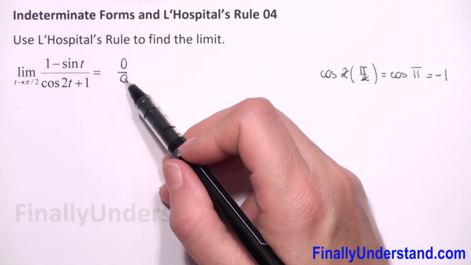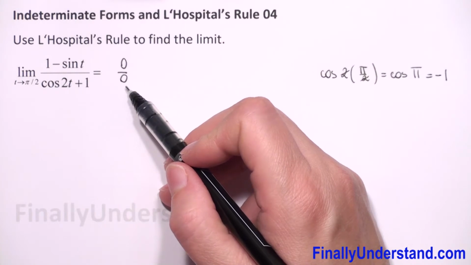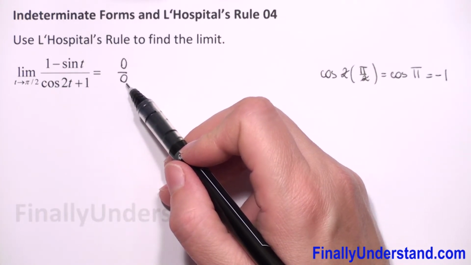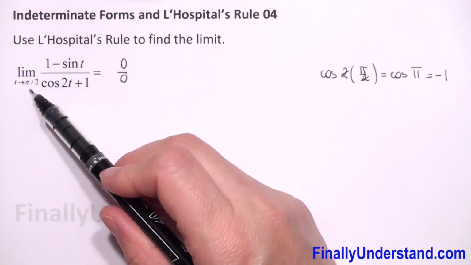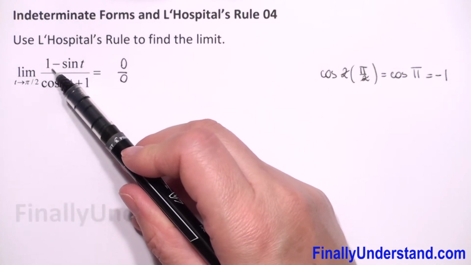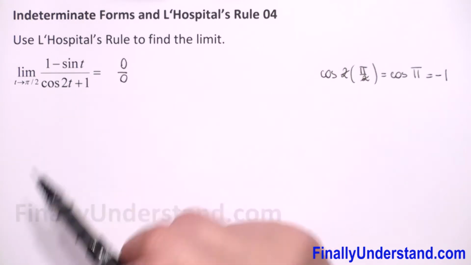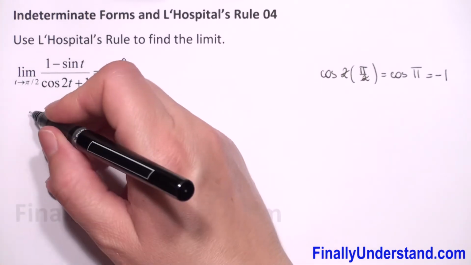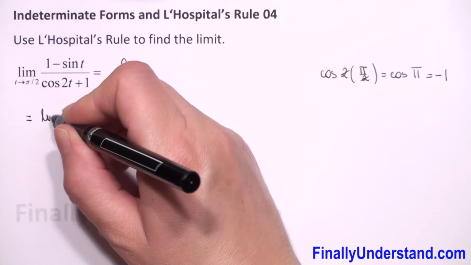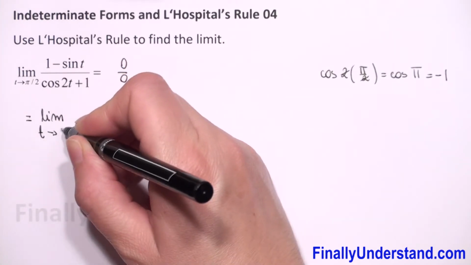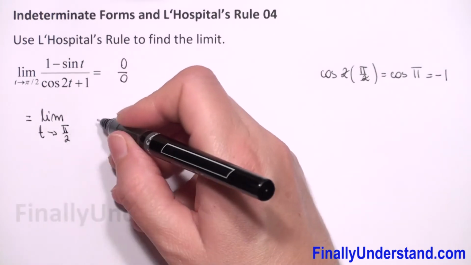When we have 0 over 0 or infinity, positive or negative, over positive or negative infinity, we can use L'Hopital's rule. It means we have to copy the limit and find the derivative of the function in the numerator and the derivative of the function in the denominator. So this is equal to the limit as t approaches pi over 2.